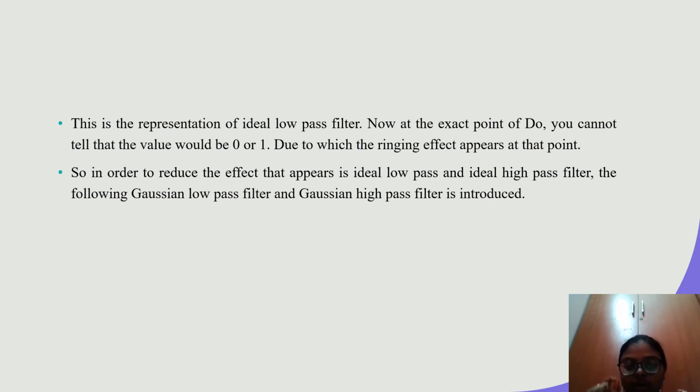So in order to reduce the effect that appears in the ideal low pass filter and ideal high pass filter, the Gaussian low pass filter and Gaussian high pass filter were introduced to rectify those problems.